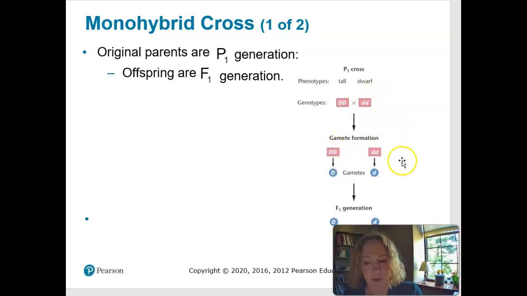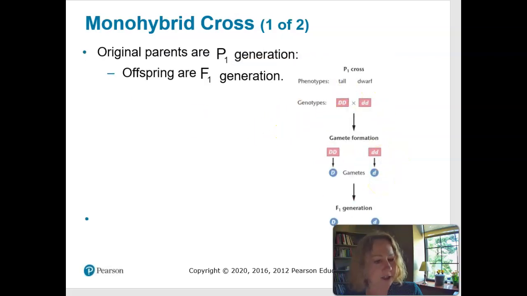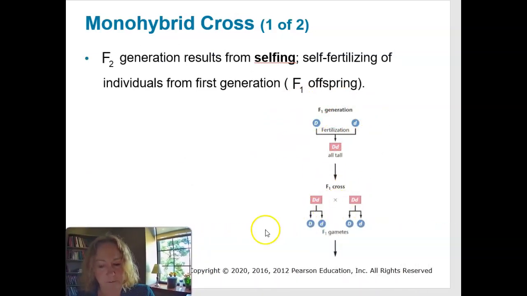We're going to breed those two, big D big D times little d little d, and this F1 generation is all going to be big D, little d. You can do that Punnett square if you want, but basically there are no other options. You get the big D's from one parent and the little d's from the other parent, and everything is going to be big D, little d.